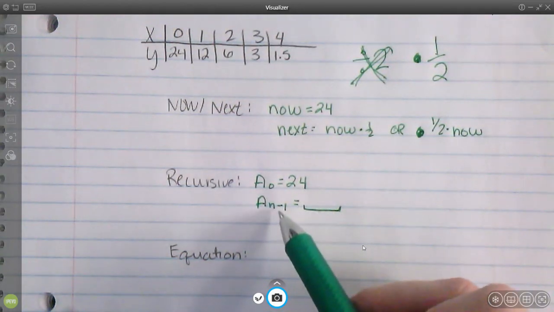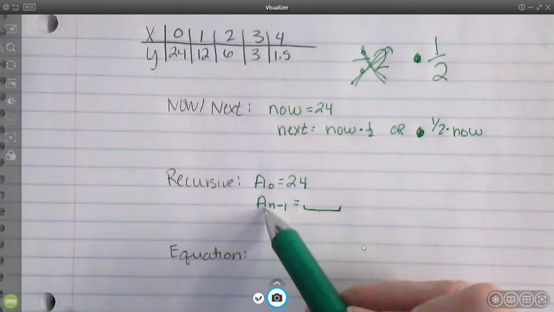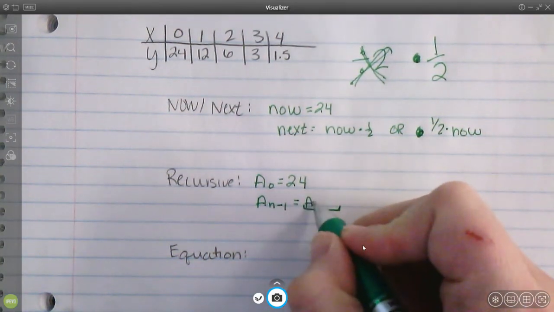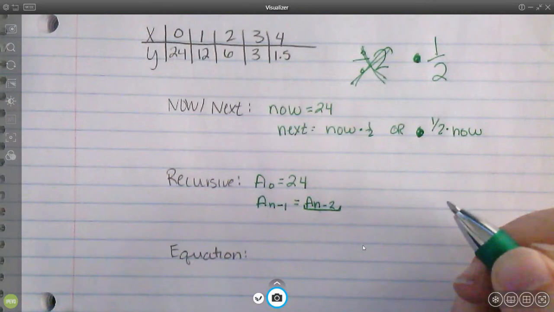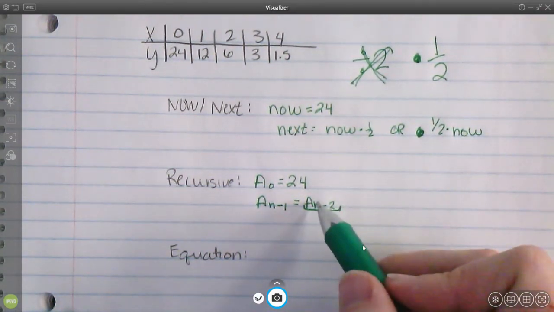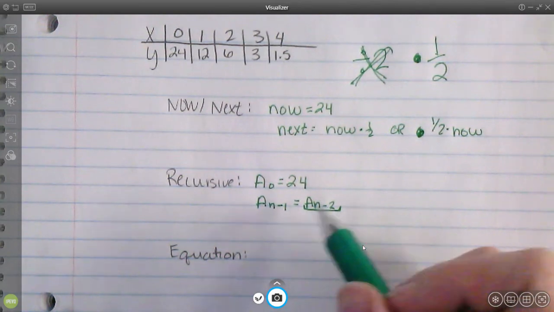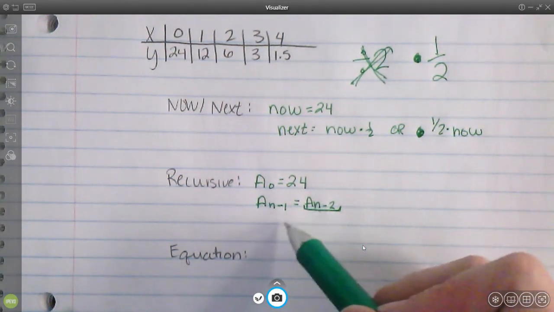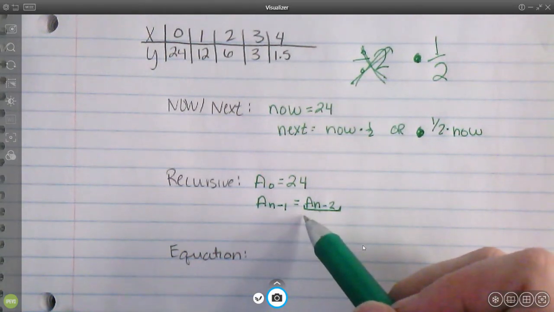So if this is a sub n minus 1, what's the term right before this? Well, that's going to be a sub n minus 2. So now this would be our previous term, and this would be our next term. It's a little confusing, but you do see this written other places, so I just wanted to show you that.